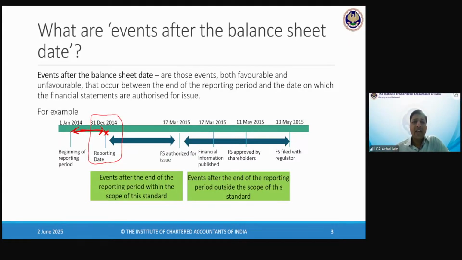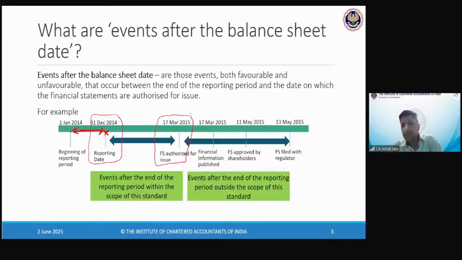So for a company, it has to be the board of directors, right? So let's suppose in our example, this date is 17th of March. Okay, so this is the date when the financial statements will be signed off.